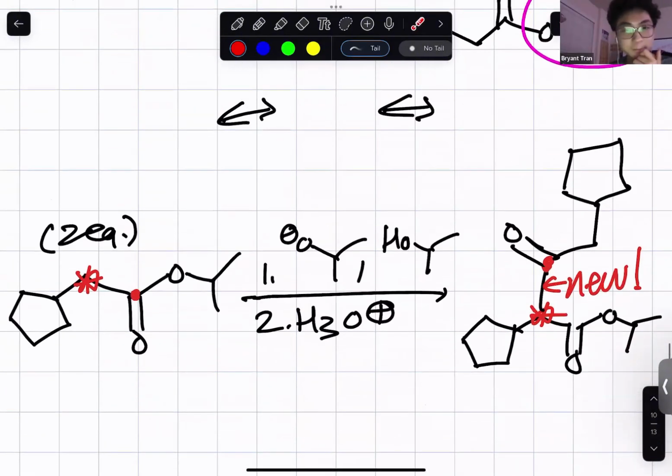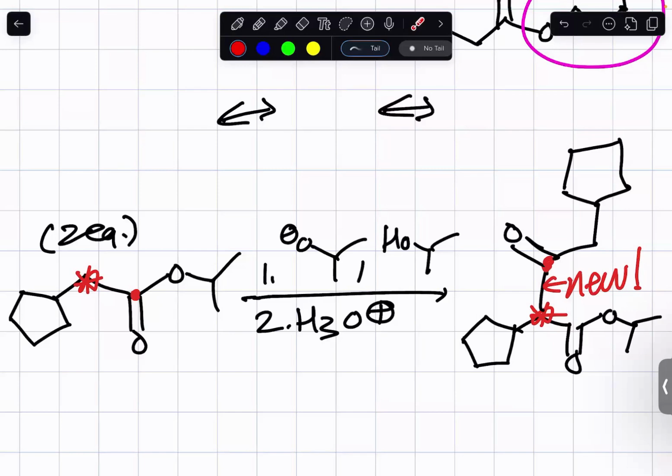Claisen, okay, this one. Okay, I sent it. So do I just directly form the carbon on the dot, or is there that O- first?